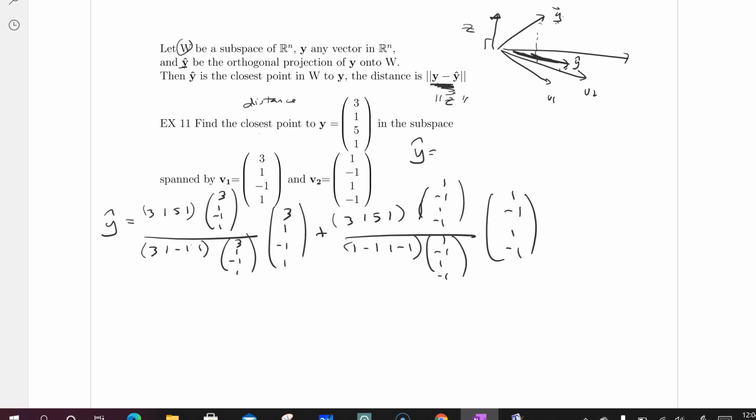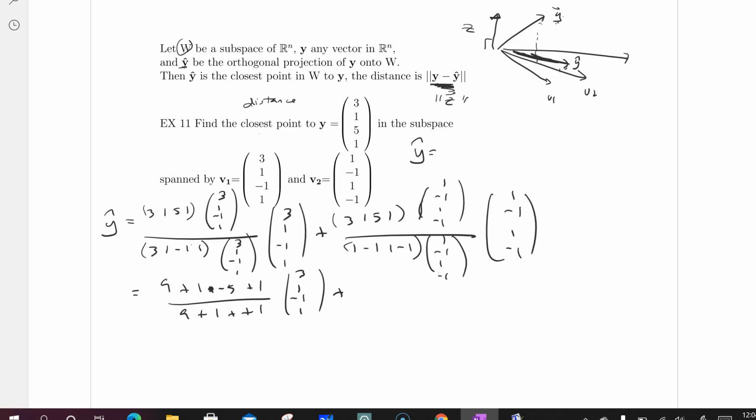Okay, so now let's do the multiplication. I get 9 plus 1, minus 5, plus 1, which is 6, over 9 plus 1 plus 1 plus 1, which is 12, times (3, 1, -1, 1).